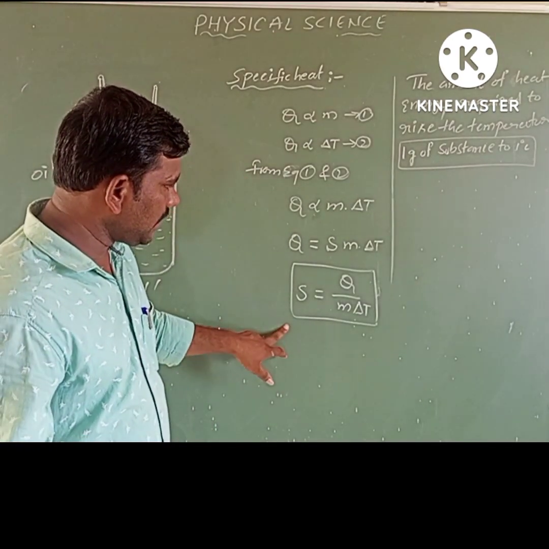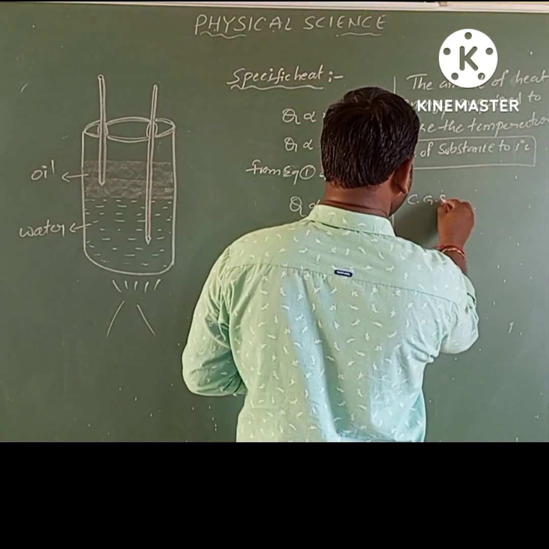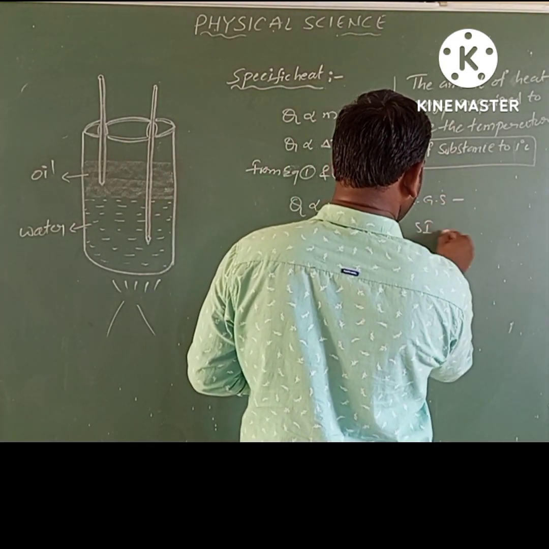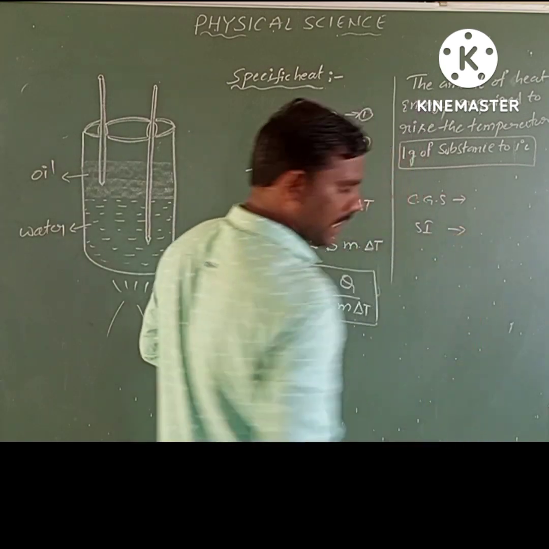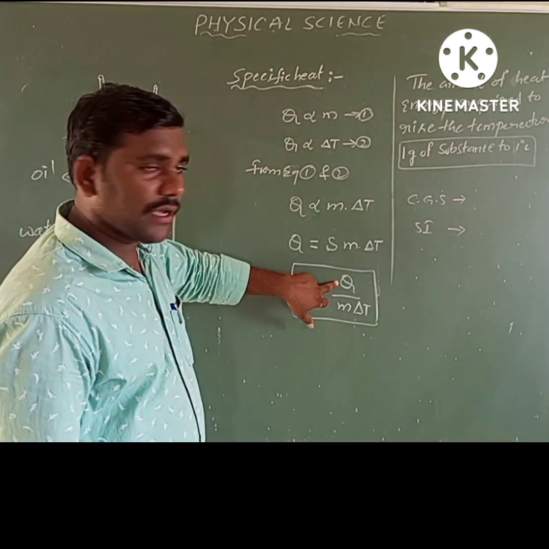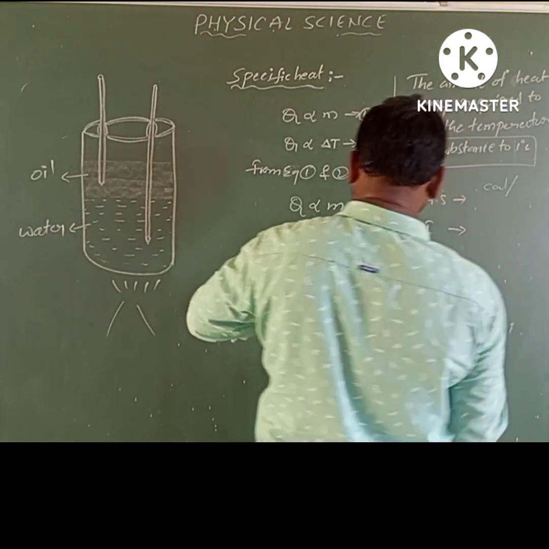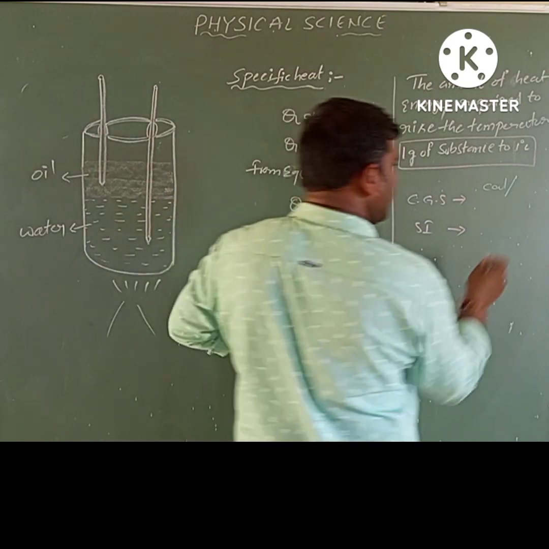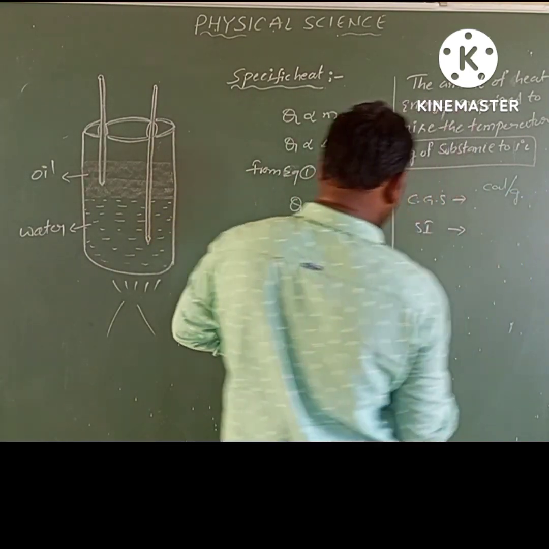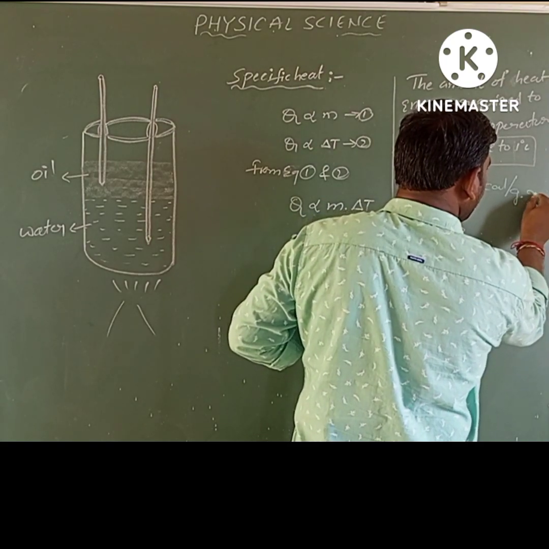Next we can write the CGS units and SI units of specific heat. The CGS unit of heat is calorie, per mass in CGS is gram, and temperature in CGS is degree Celsius.